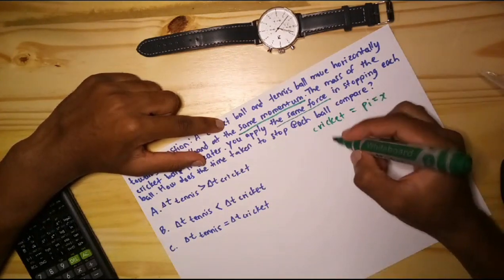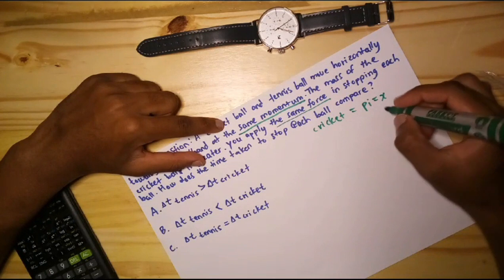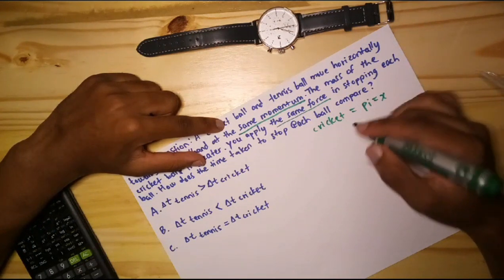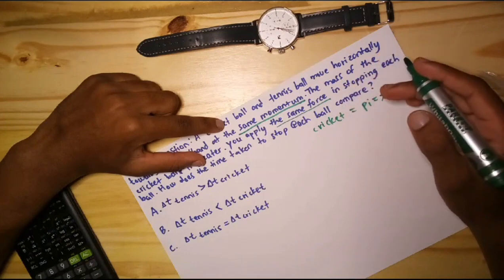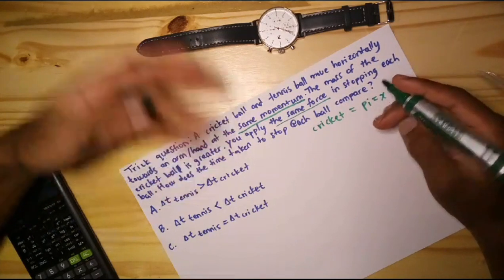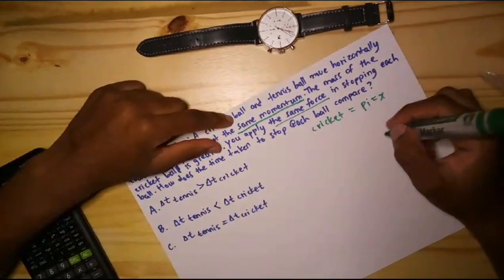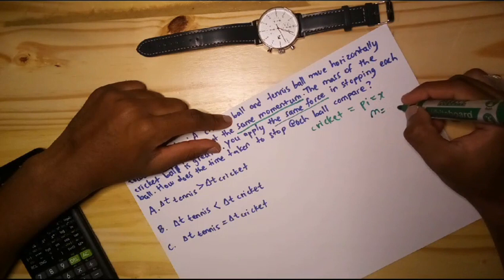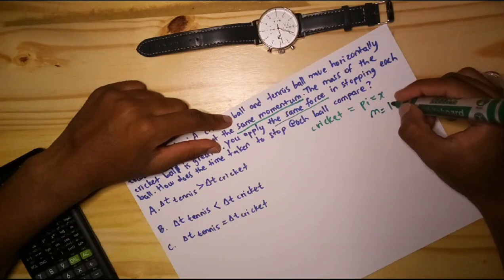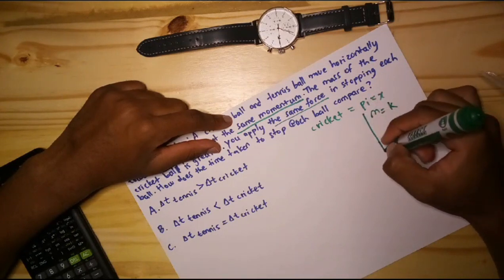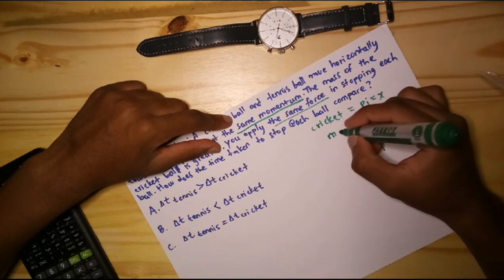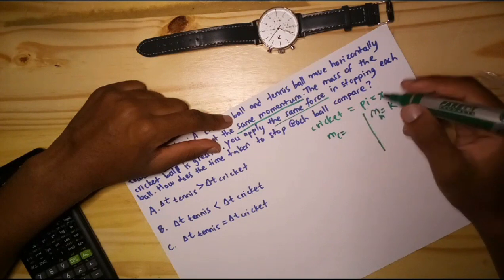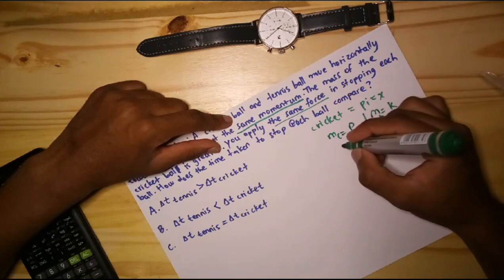So we consider the mass of the cricket ball, the mass of the other one, and the mass of the hand. Let's say the mass of the hand is k, and the mass of the cricket ball is p.